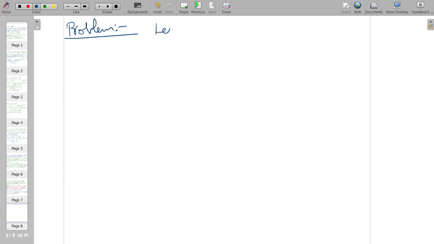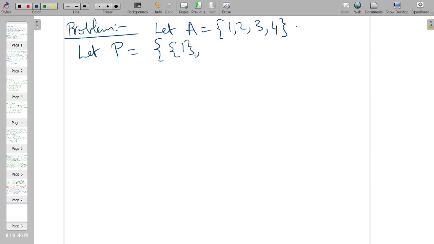So let X, or A, be equal to 1, 2, 3 and 4. Let P be the partition. P is equal to the set of all blocks, which will be 1. The next one would be 2, 4. The third one would be 3.